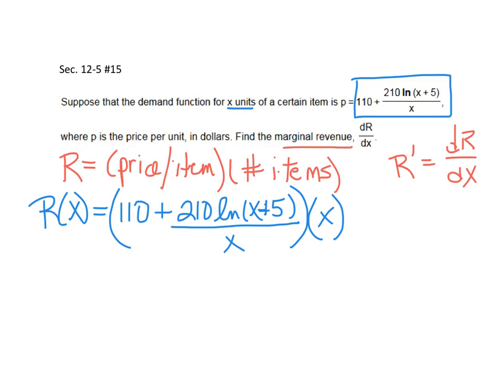So then this means that our revenue function is 110x, because you're multiplying the x times the 110, plus when you multiply x times the second term, your x's are actually going to cancel out, leaving you with plus 210 ln of x plus 5.